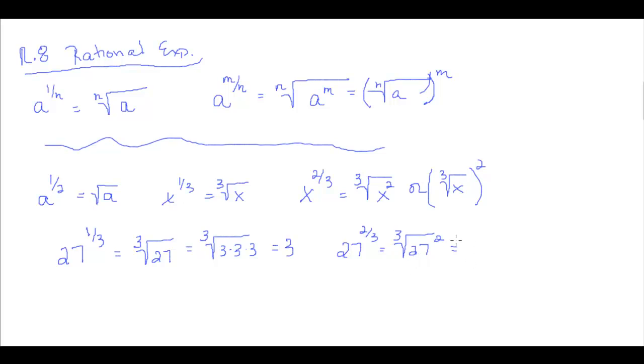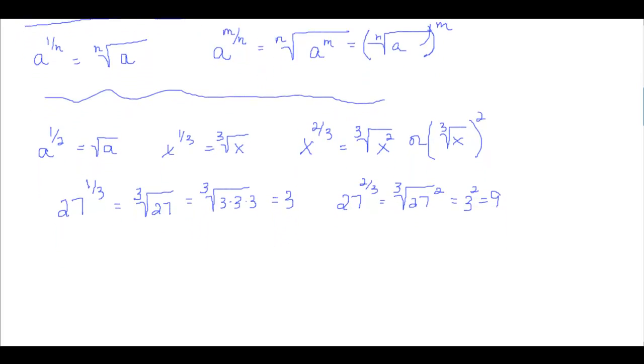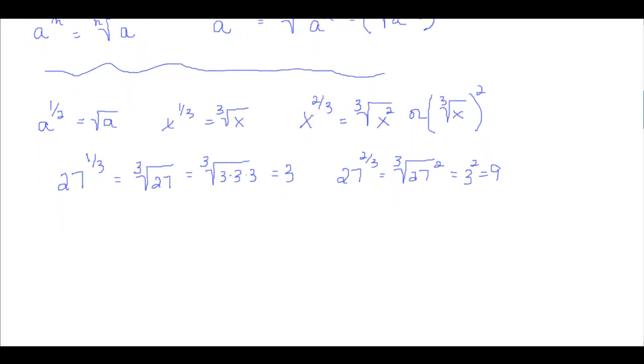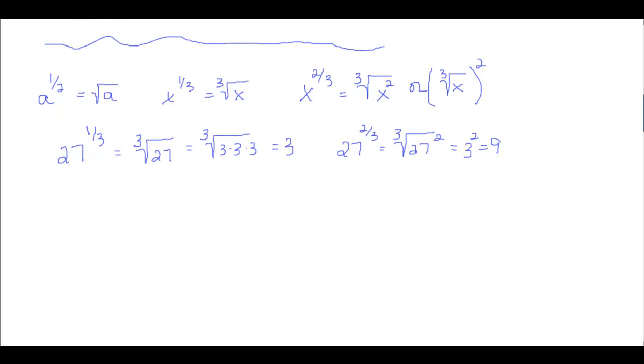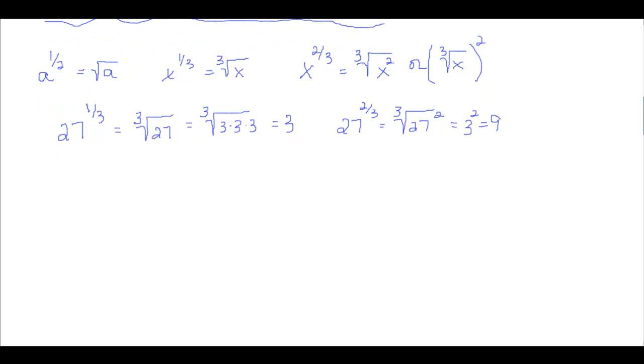Since we know the cube root of 27 is 3, this is just 3 squared, or 9. So when we're dealing with rational exponents, often it's easier to deal with the exponent versus the radical. And you'll see as we work some different problems, you can choose to use whatever makes simplifying or solving the problem easier for you.